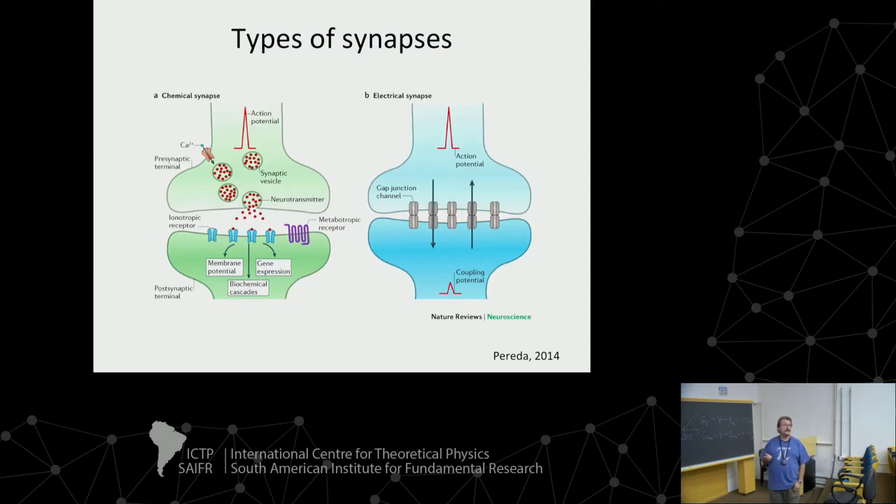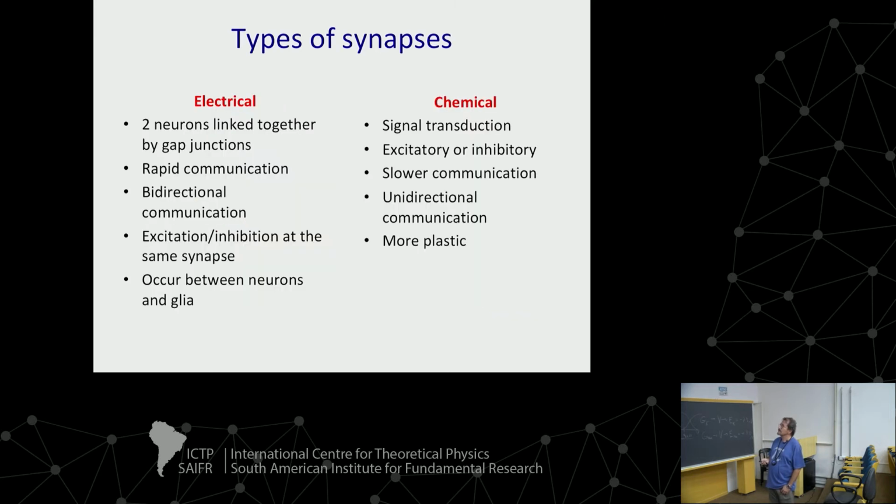There are two types of synapses in the brain, chemical synapses and electrical synapses. Electrical synapses are basically two neurons coupled by an electric junction, which is called a gap junction. It allows rapid communication between the cells because material can flow from one cell to the other in both directions.